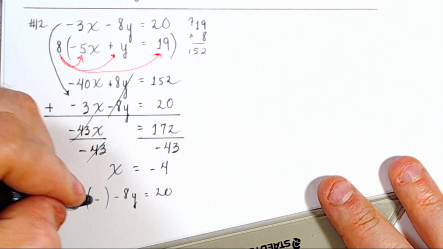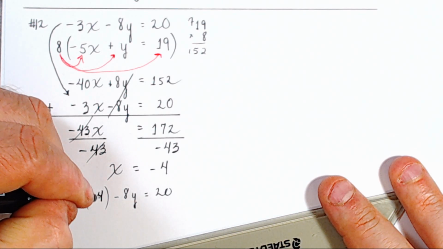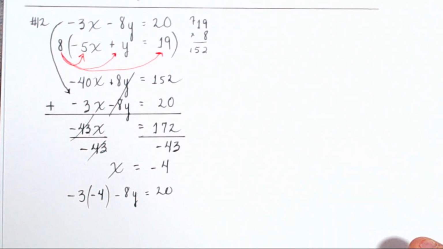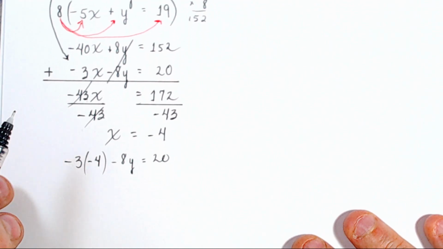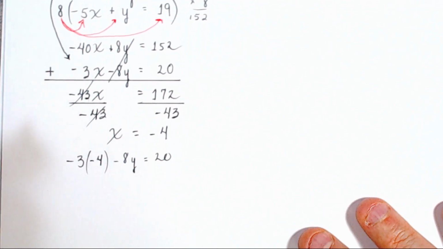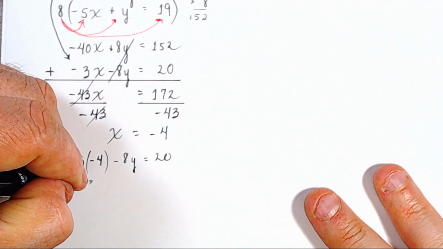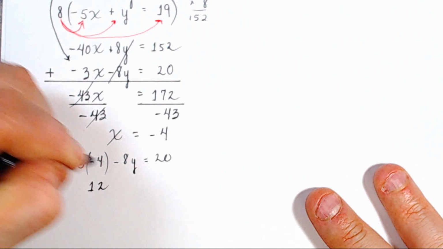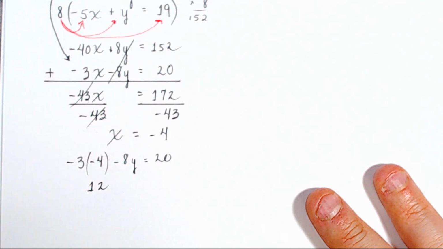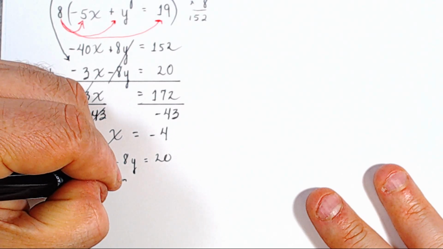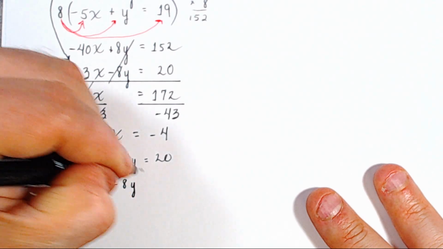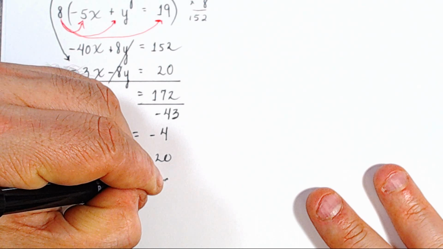And then I'll plug in there negative 4. So I have negative 3 times negative 4, which gives me positive 12 minus 8y equals 20.